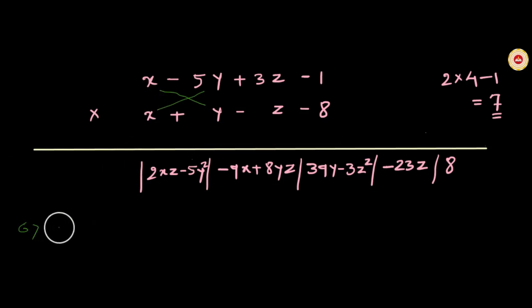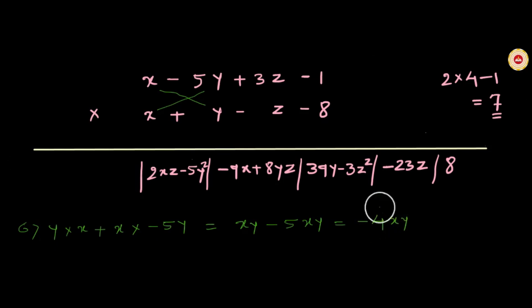Y multiplied by x plus x multiplied by minus 5y, which is equal to y multiplied by x, xy, yx or xy, one and the same, okay, plus x multiplied by minus 5y, which is equal to minus 5xy, which is equal to minus 4xy.